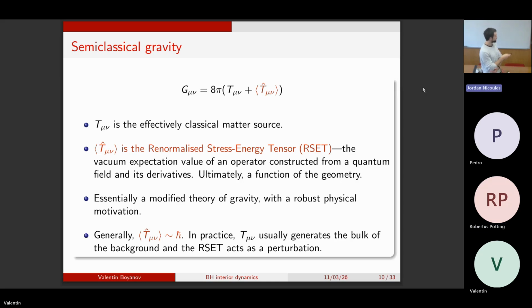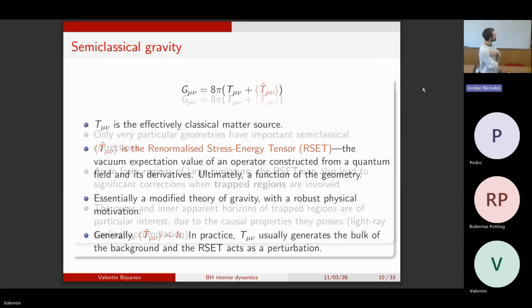But it's more like a modified theory of gravity than adding an exotic source, because this term has higher derivatives of the metric, so it modifies the principal part of the equations. And also, in general, it's suppressed by constants, so in practice, it's the classical part that generates the bulk of the background dynamics, and the renormalized stress energy tensor only acts as a small perturbation.